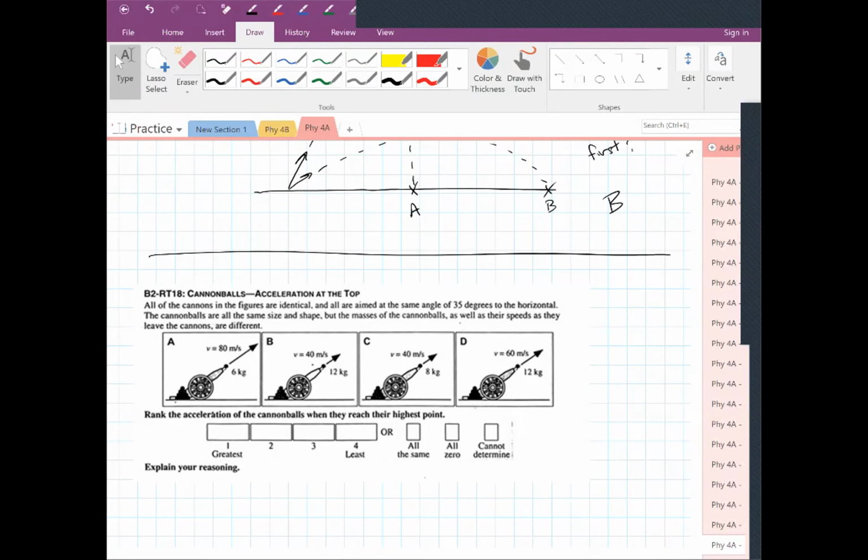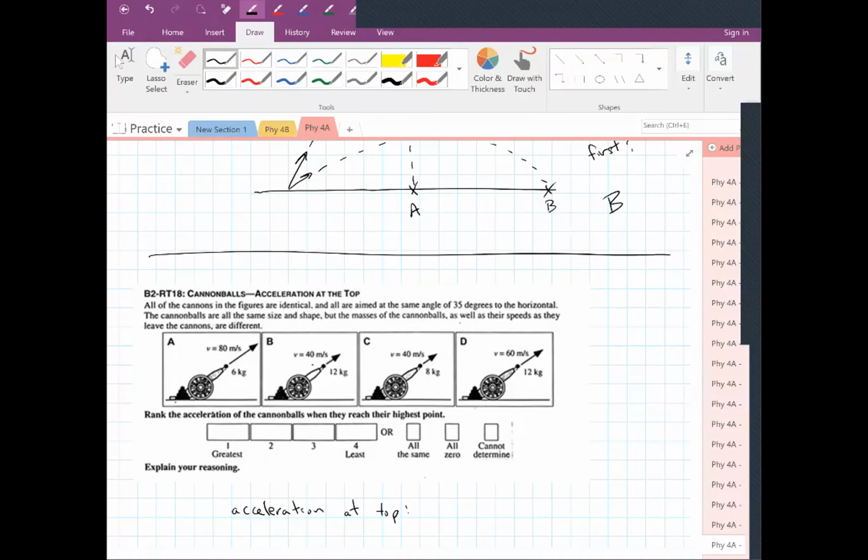So the acceleration at the top: what's the only force acting on those cannonballs when they're flying through the air? Gravity, right? So what's the acceleration the split second the cannonball leaves the cannon?